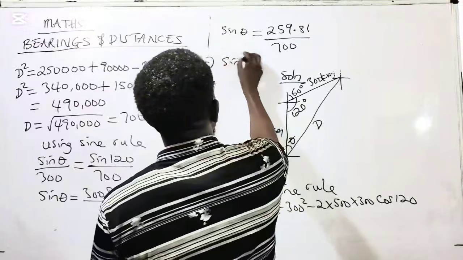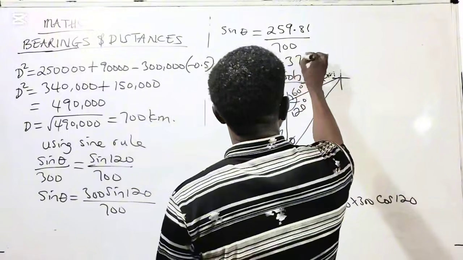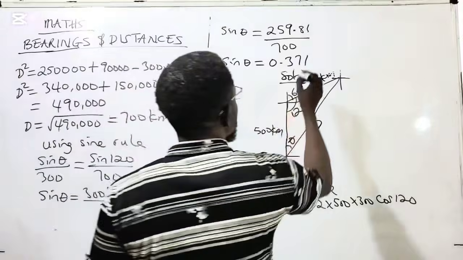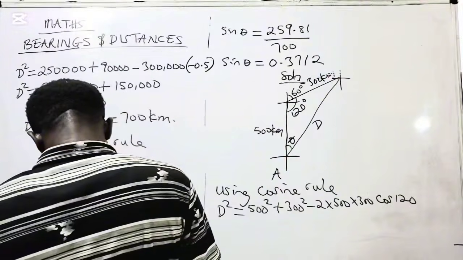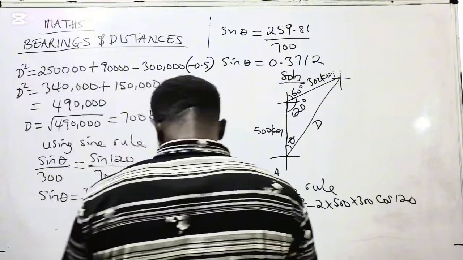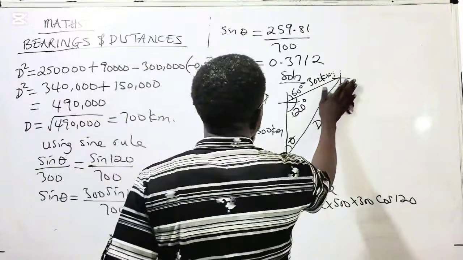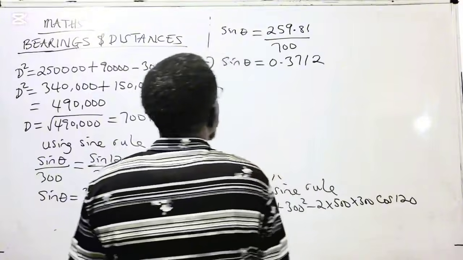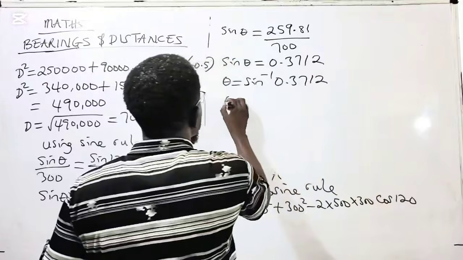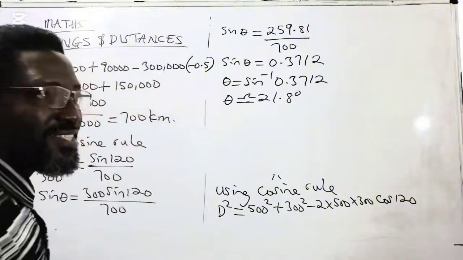So we get sine theta equal to 0.3711. So the angle will be approximately 21.8. Theta becomes sine inverse of 0.3712, approximately 21.81 degrees. That is the bearing.